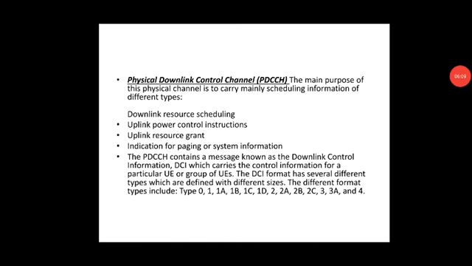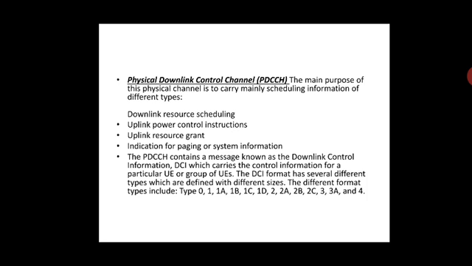A particular user entity or a group of user entities. Now, if you're in a cell, this information is not going to be targeted to only one user entity. It will be targeted to n number of user entities, n number of mobile phones, to which it will send the information.